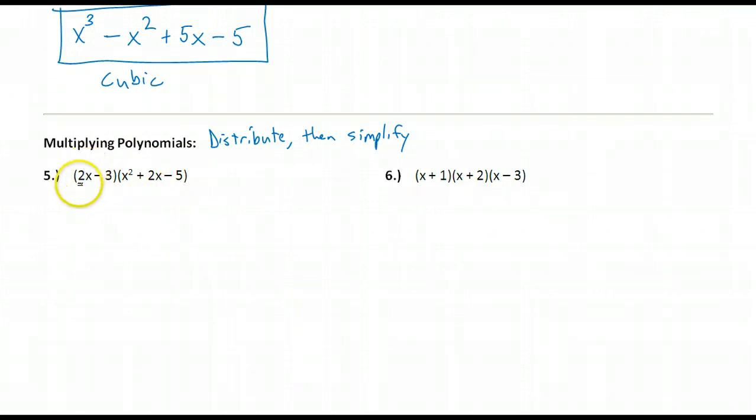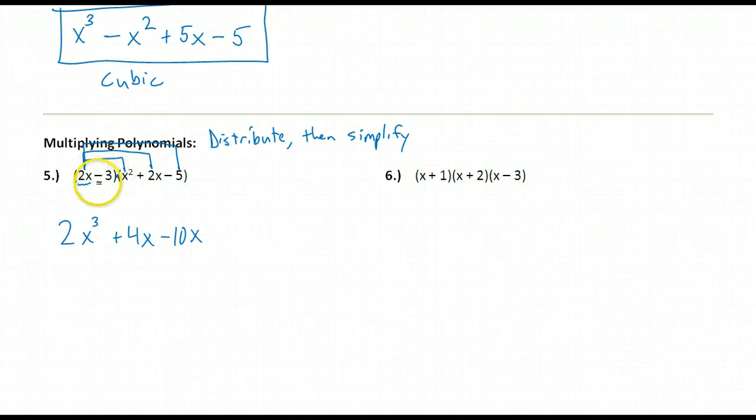So I'm going to take this 2x term and I'm going to multiply by every term in my second polynomial. So 2x times x squared gives me 2x cubed. 2x times 2x gives me 4x squared. 2x times negative 5 gives me negative 10x.